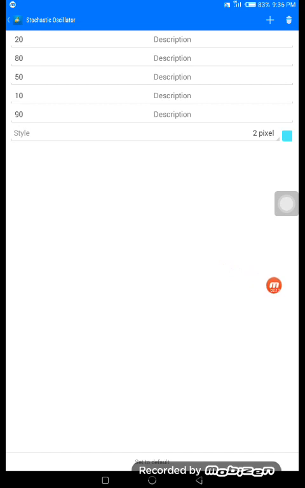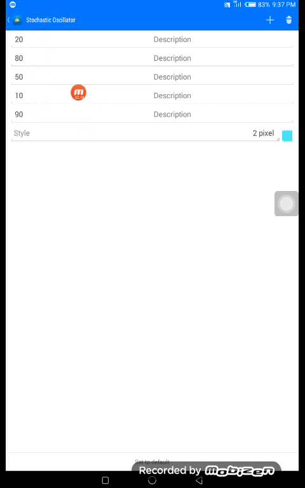Then you go back to add more lines. To add more lines, where you can add these numbers, you have to click this plus to add more spaces where you can add more numbers. Because the first time when you click the stochastic, I think it will be showing you only 80 and 20.